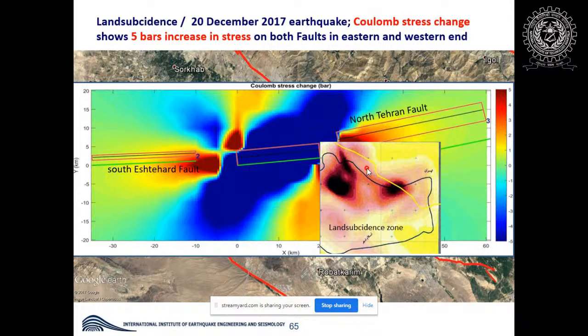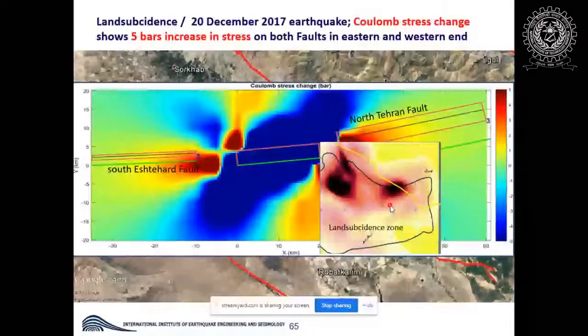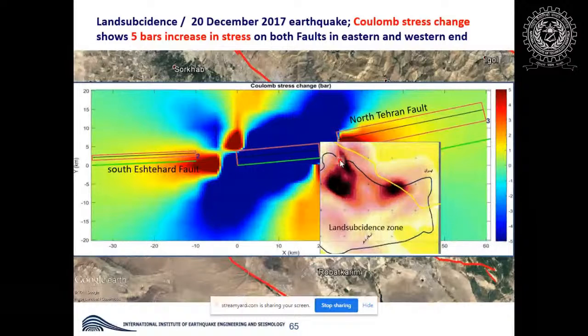Okay, about this change of stress, about 0.1 to 0.5 bar per year has occurred during about 30 years. We may think about 3 to 6 bars of stress change in around 40 years in that region.